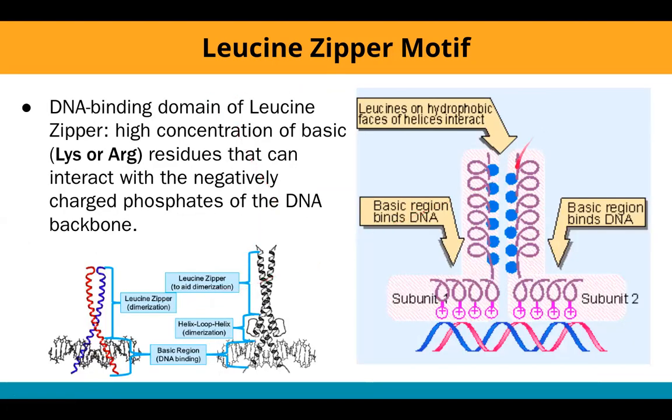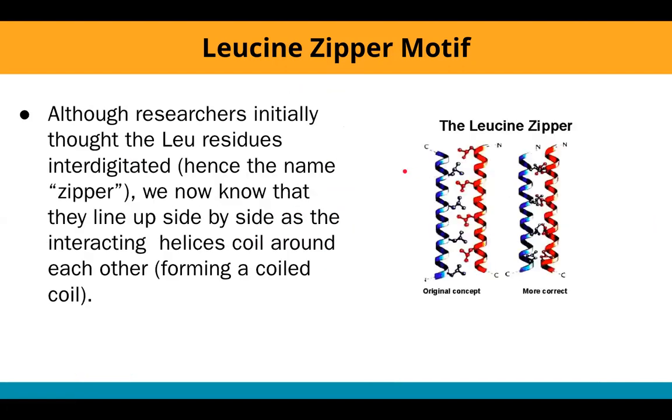Okay, so the hydrophobic region contains leucine that faces each other. Although researchers initially thought the leucine residues are interdigitated, hence the name zipper, we now know that they line up side to side as interacting helices coil around each other, forming a coiled coil.